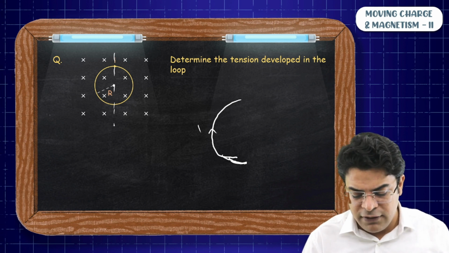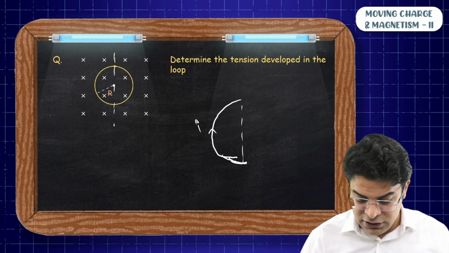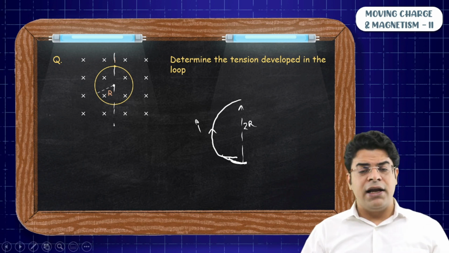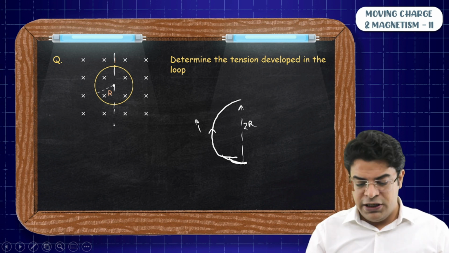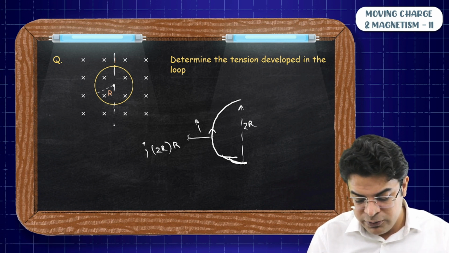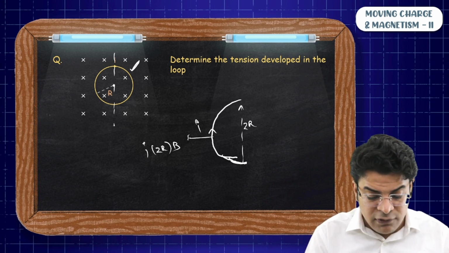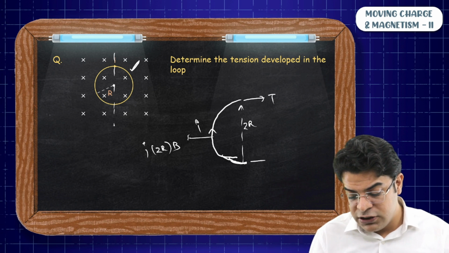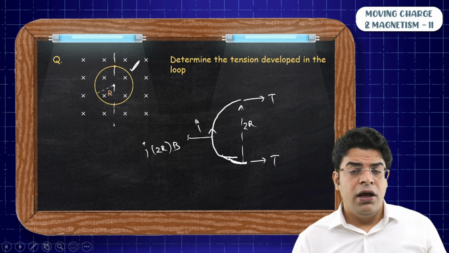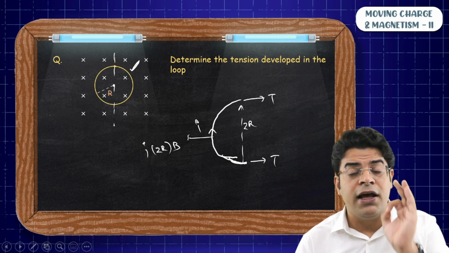For the left half, you will say current is going this way, so the effective length will be this length 2r. So the magnetic force will be I into 2r times B. And due to the other half loop, the right half loop, there will be force of tension here and here. If this left half is in equilibrium, then the net force on it has to be 0.